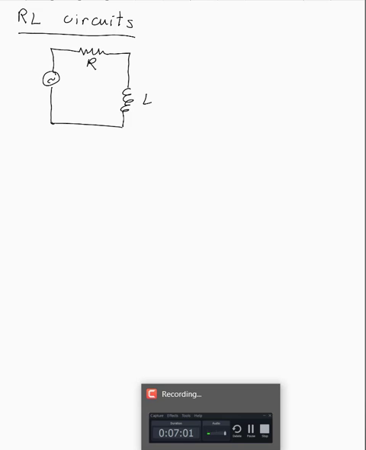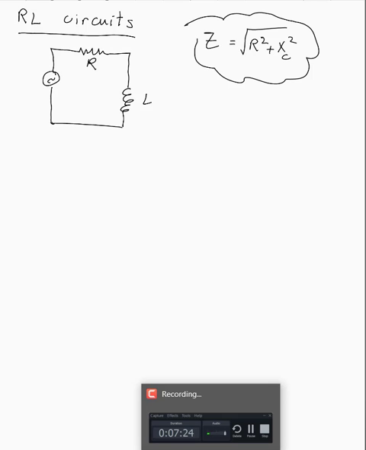Now let's figure out what is the relationship between the maximum voltage and the maximum current here. If you remember from the previous RC circuits, we defined something called impedance. For that case, impedance was the square root of R squared plus XC squared. So this is just a note here to remind you.